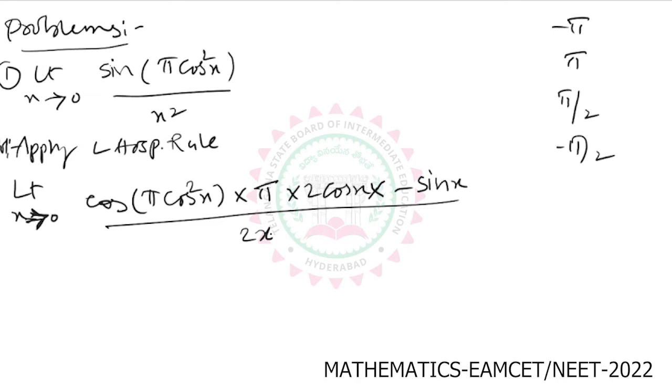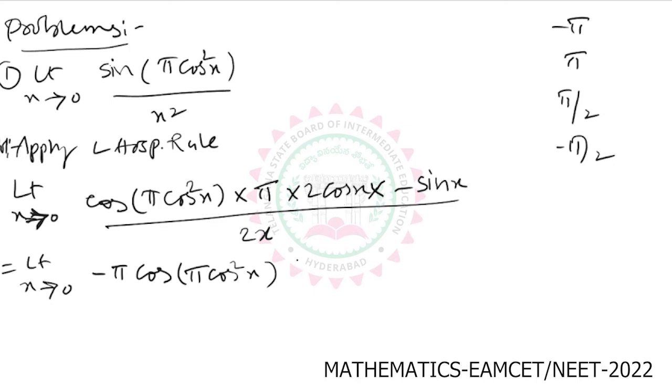Now, what is the limit? x tending to 0. Now, if I apply the limit x tending to 0, see what happens. First of all, I am just simplifying this. Limit x tending to 0. This minus pi I will take outside, into cos of (pi cos square x), into what remains?